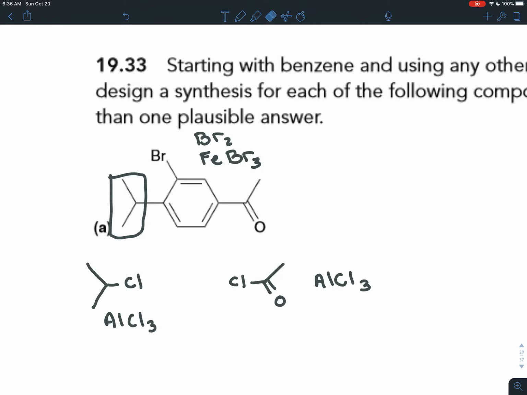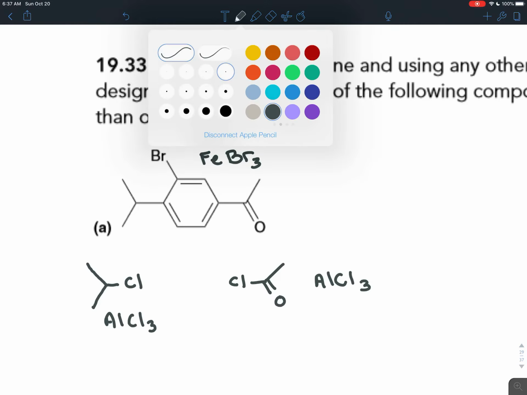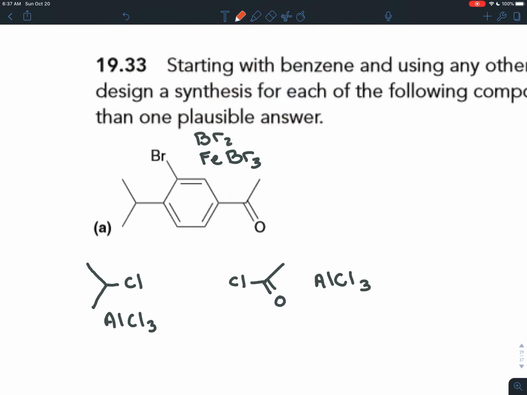So those are our recipes. But now we have to think about the order that we want them in. So we have these 2 groups that are ortho to each other. And then this third group is either para to the alkyl group or meta to the bromine.